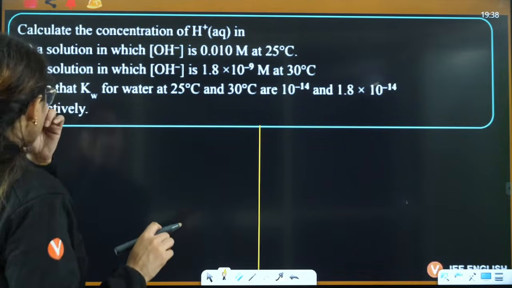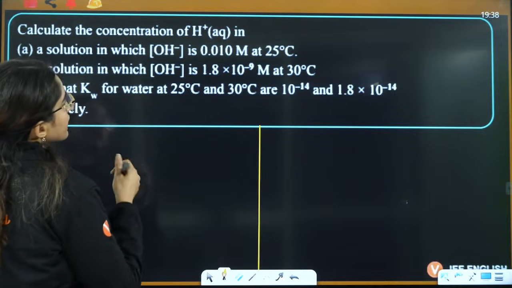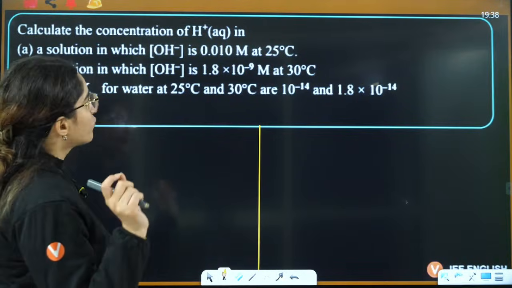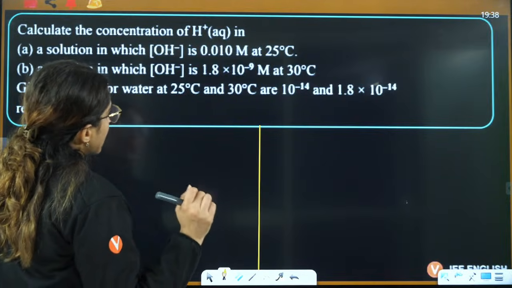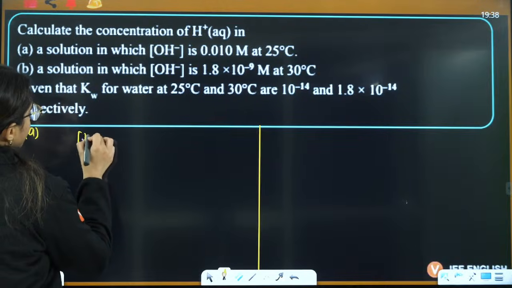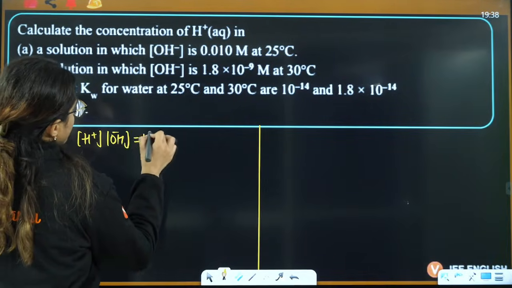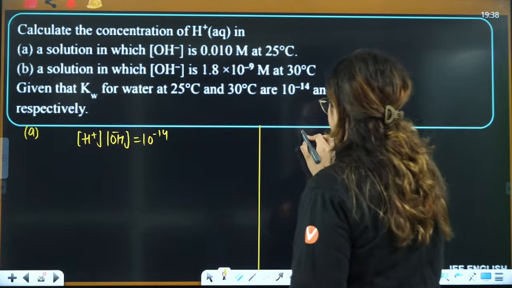Now, see this. OH negative is given to be 0.010 molar, right? Concentration is given to you. We know that H positive into OH negative is going to be 10 raised to power minus 14 at 25.